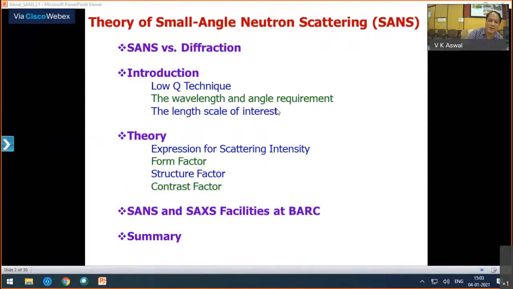Then length scale of interest, what are the different length scales you can study. And then in the theory, the expression for scattering intensity, what are the different terms you will hear.